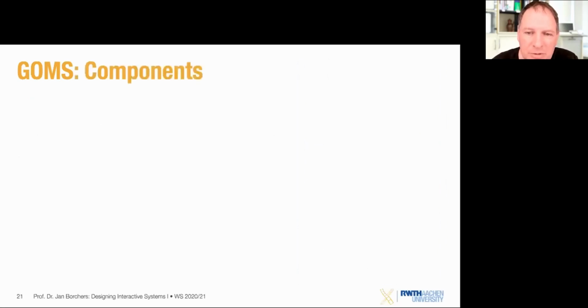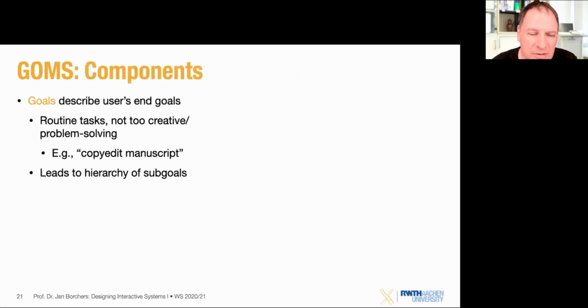The fundamental components of GOMS are goals, and goals describe users' end goals, kind of like what we talked about when we looked at Norman's model of the 7 stages of actions.